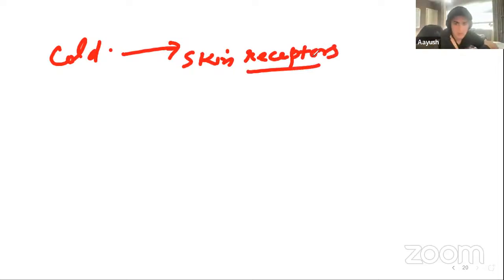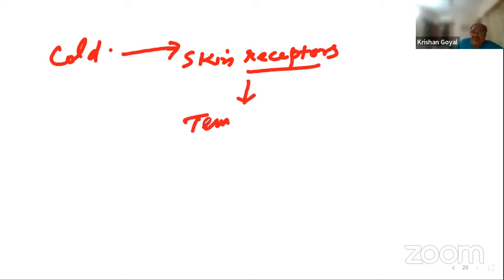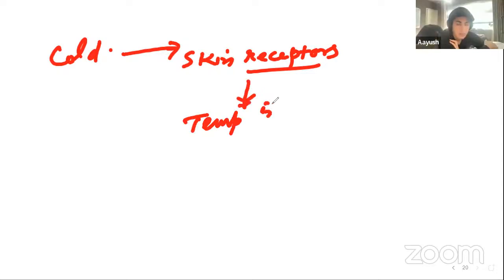Our skin receptors will come to know, and we will definitely know that the temperature is to be raised. Who has told us that temperature is to be raised? Body mechanism, receptors, coordinators, effectors.